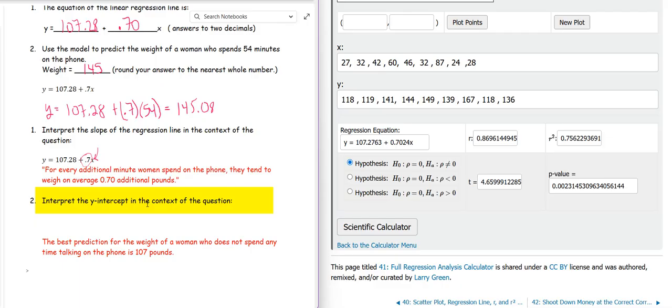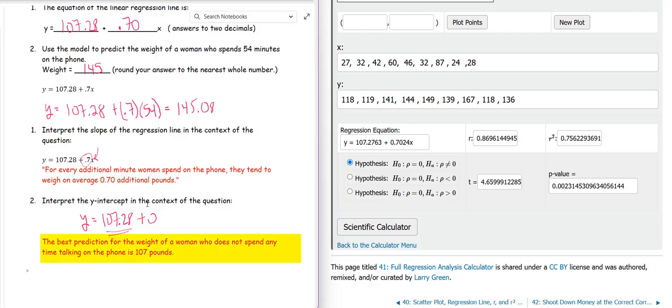Well, the y-intercept is when x equals 0. So the y-intercept is 107.28 plus 0, so just 107.28. And so we would say the best prediction for the weight of a woman who does not spend any time on the phone is about 107 pounds. I hope this is helpful.